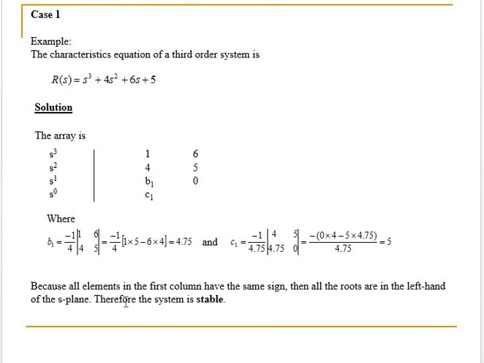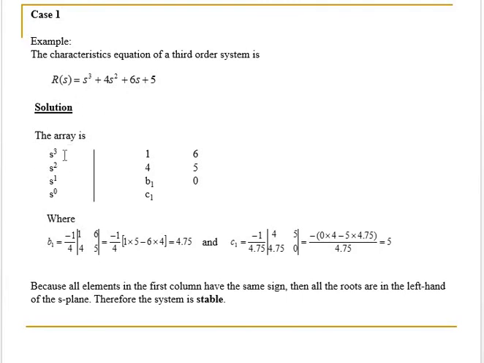Case 1. Example: the characteristic equation of a third-order system. The characteristic equation is Delta(s) = s^3 + 4s^2 + 6s + 5, and then we transform it into the array.